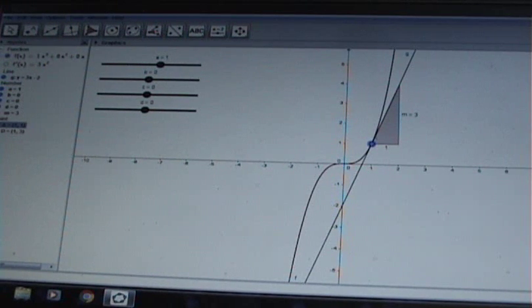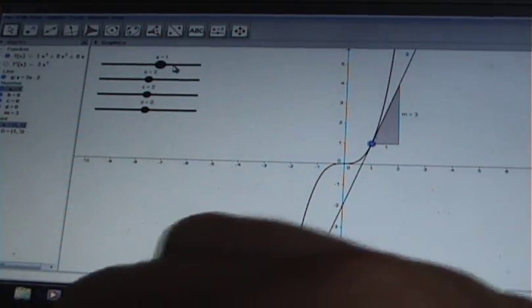That automatically tells you what the slope of the tangent line passing through point A is going to be. And it would work for any value. In a moment we're going to demonstrate by moving point A up and down the graph, but I want to show you this before that.